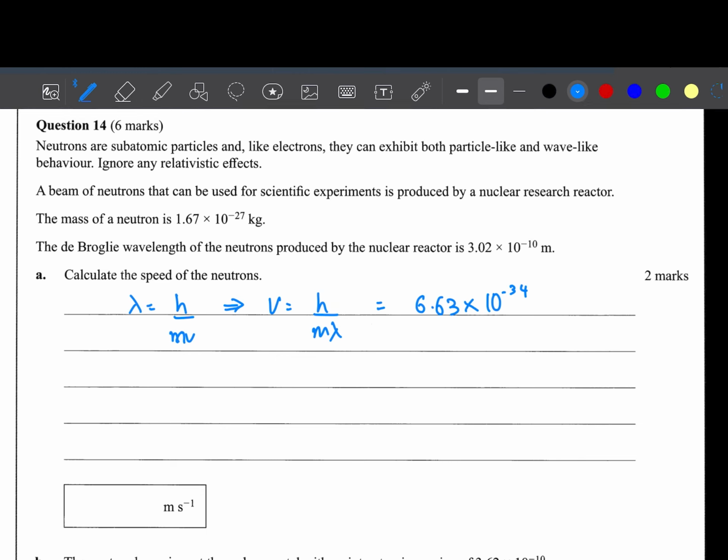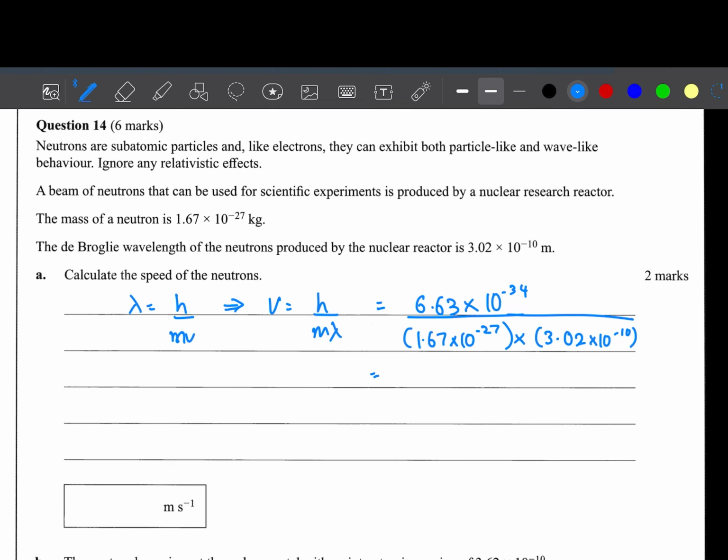And our mass is already given, so 1.67 times 10 to the power of negative 27, times the wavelength, which is 3.02 times 10 to the power of negative 10. And this should give us our speed.